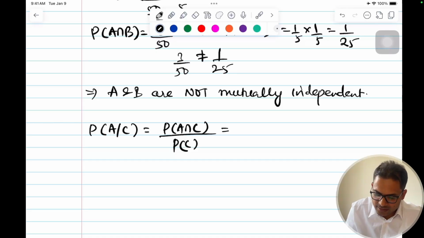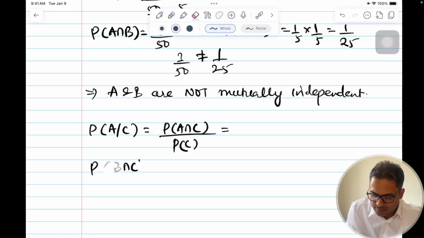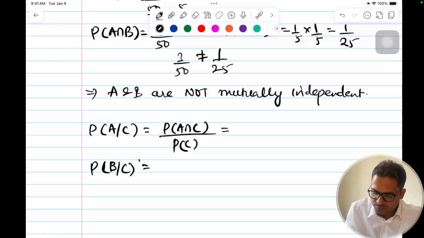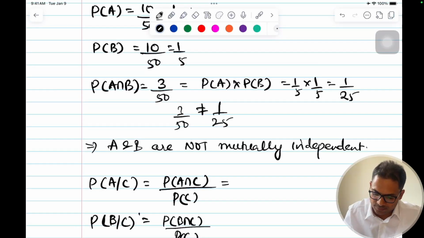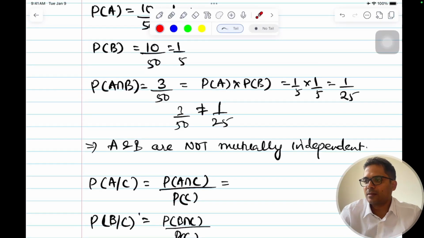What is A intersection C? Sorry, P of B given C is equal to P of B intersection C by P of C. Now what is P of A given C?